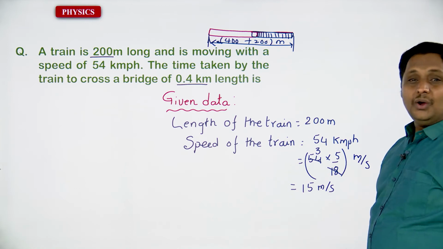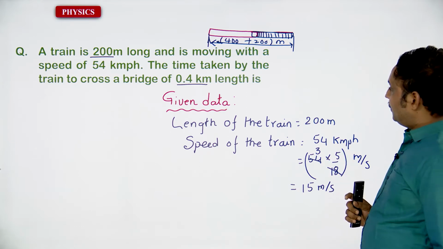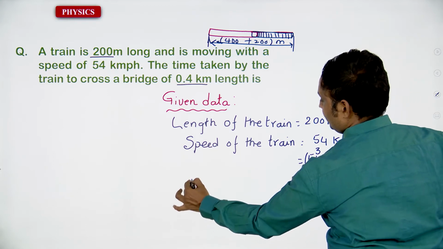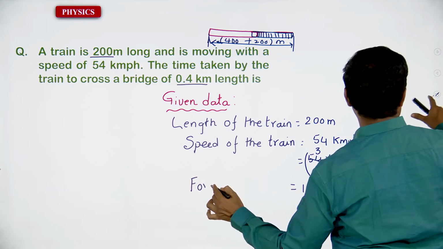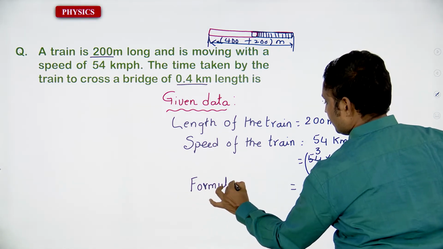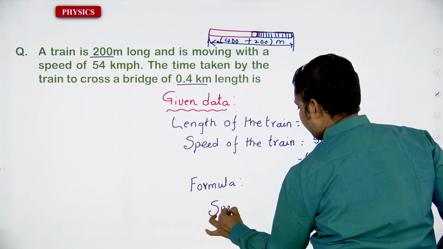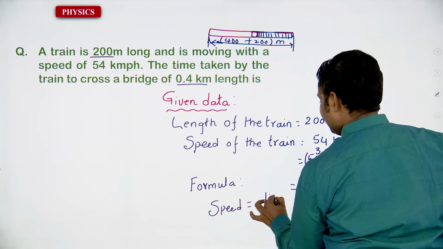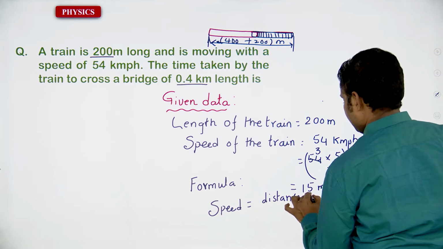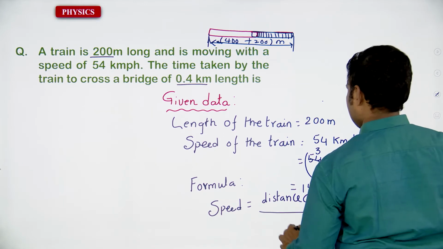What do we do next? You can use the formula: speed is equal to distance covered by time.